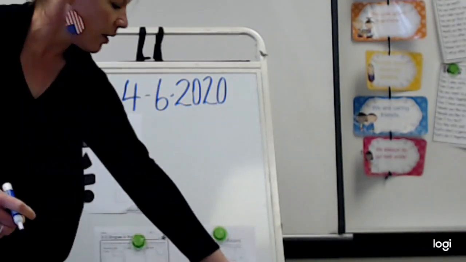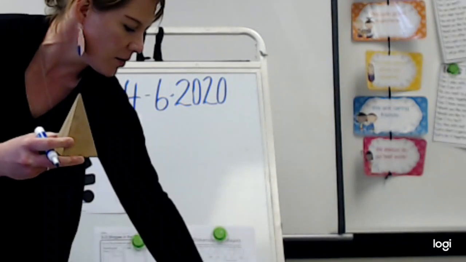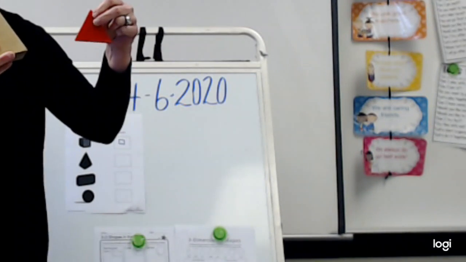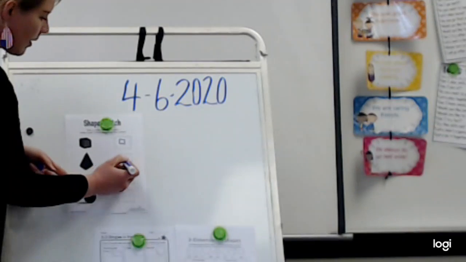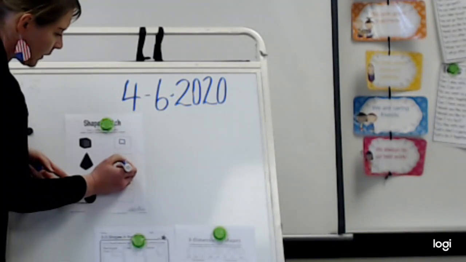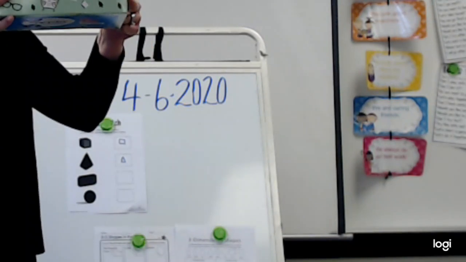The next picture is the cone or the pyramid. And what is the flat shape that goes with it? It is the triangle. So we'll make a triangle in that box. Our next picture is of a rectangular prism, this one.